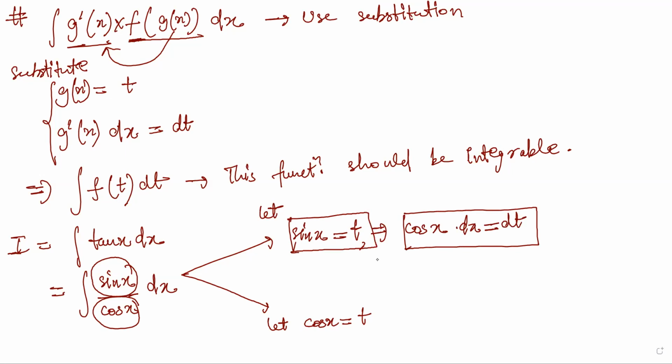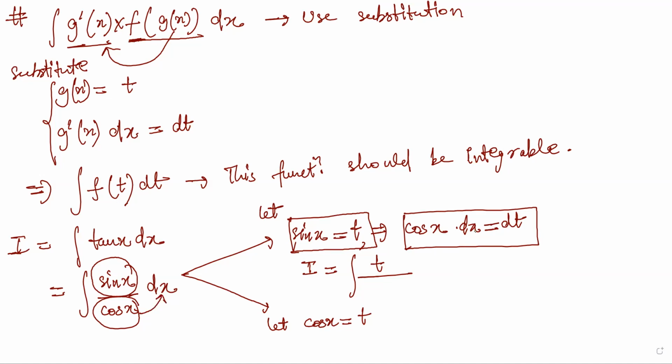If I put both of them in the integration, this will become I is equal to sin x, which is t, upon cos x. So see, the problem is here we don't have cos x into dx. We don't have cos x into dx as dt.